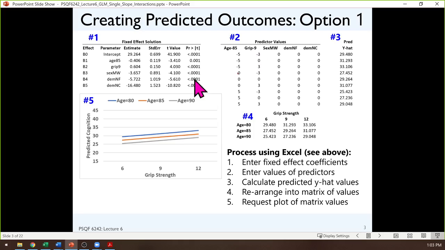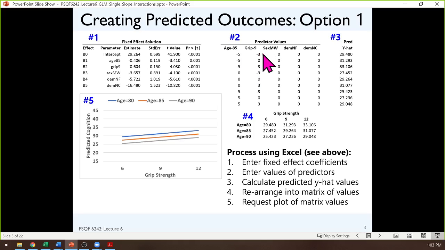And so I'm generating a prediction for somebody who has 6 pounds, 9 pounds, or 12 pounds. And I'm holding gender constant at men and dementia groups constant at none. And so I'm making up essentially 9 individuals here that are designed to illustrate sort of low, middle, and high values of two of my predictors, age and grip strength.